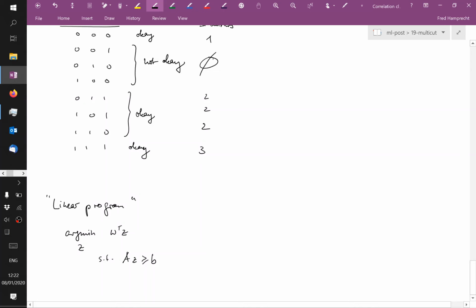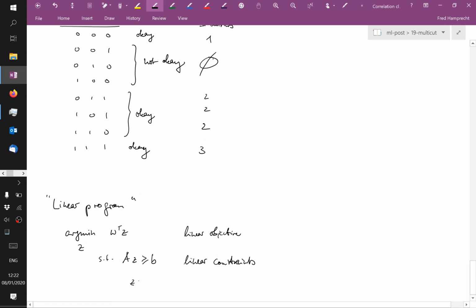And then there is that type of constraint. So in a linear program, you see that we have a linear objective and we have linear constraints. So linear in the variable to be optimized over, linear in Z. And there are several canonical forms.